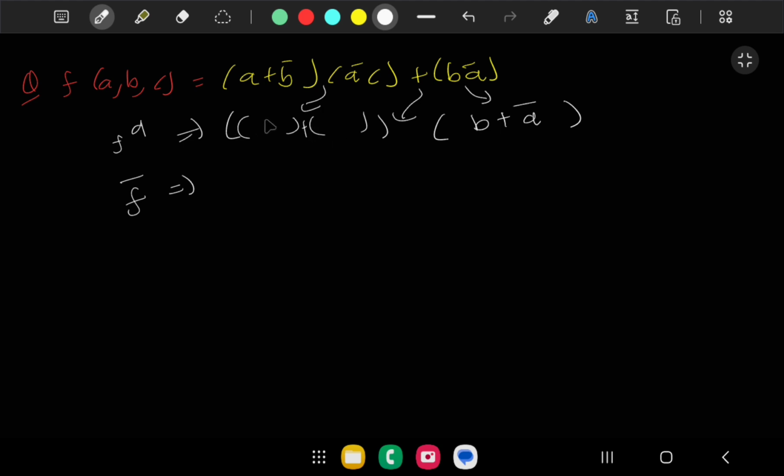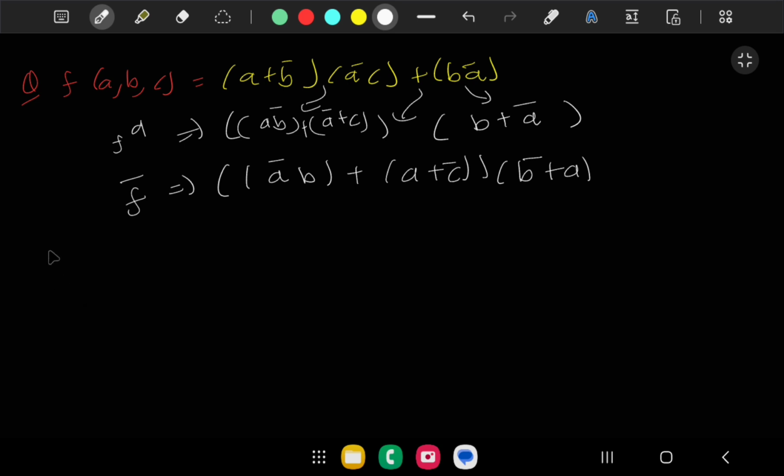This will become A B bar. This will become A bar plus C. Right? For complement, you have to change everything; it will be the same, just do the complement of literals. A bar, B, A plus C bar, B bar plus A. Right?